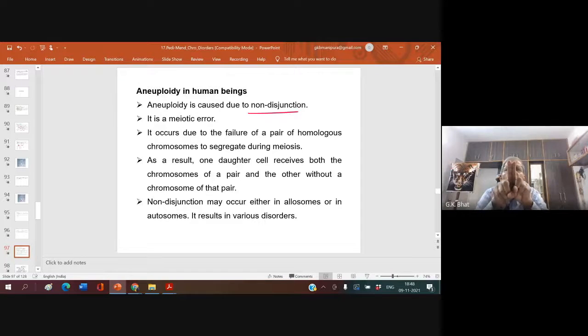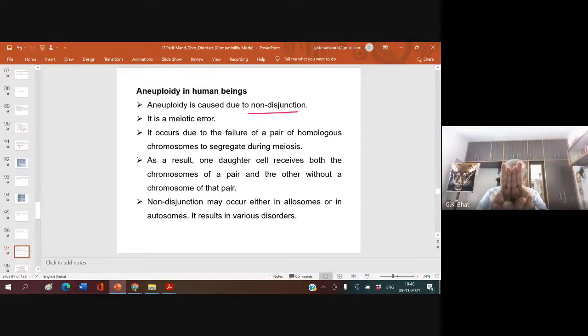They form a bivalent. Already each chromosome is duplicated, so they are forming a tetrad. After they form the synaptonemal complex, they show crossing over. After crossing over gets over, there is chiasmata formation and its terminalization. Then the paternal and maternal chromosomes separate.